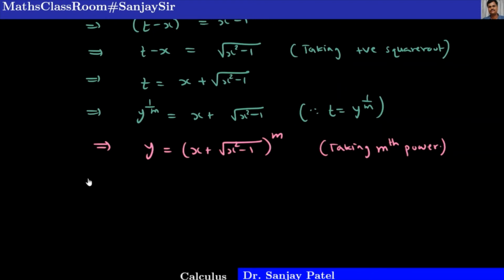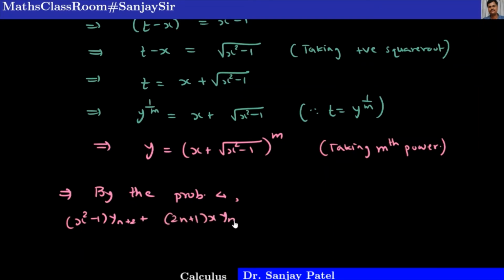So this implies I'm writing directly the nth derivative we can write as, by problem number 4, we can get the last step as x square minus 1 into y n plus 2 plus 2n plus 1 into x into y n plus 1 plus n square minus m square into y n is equal to 0.